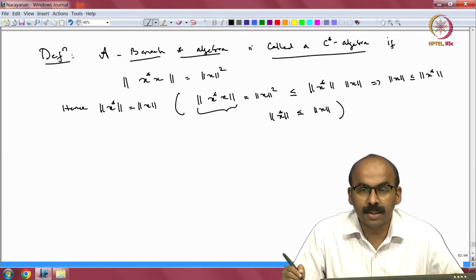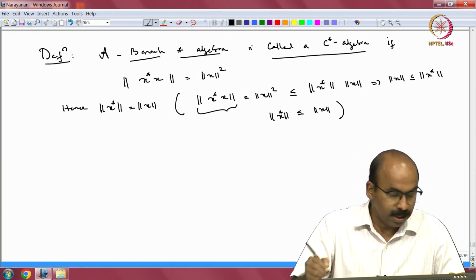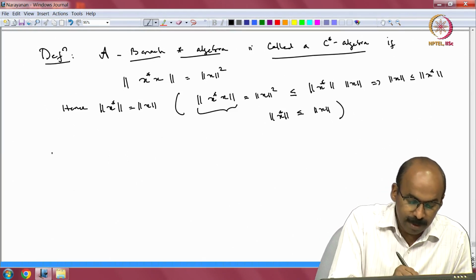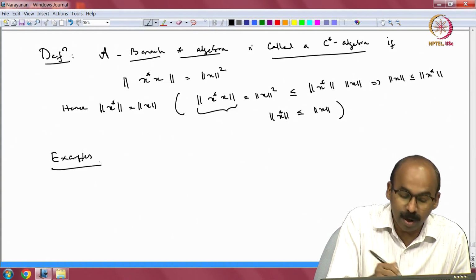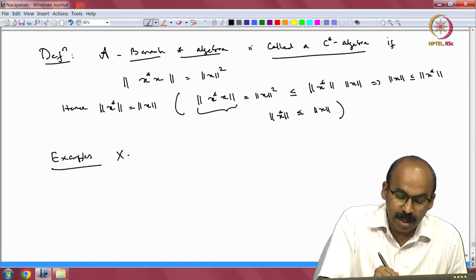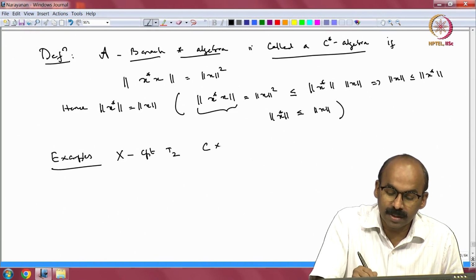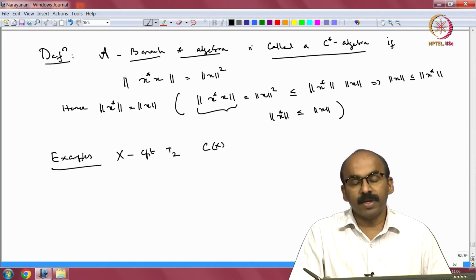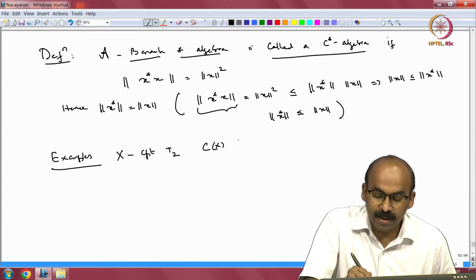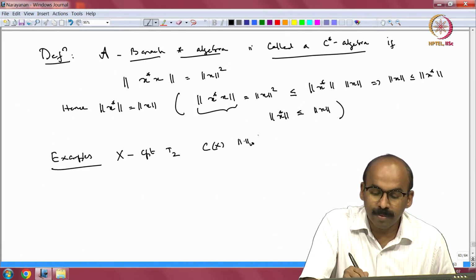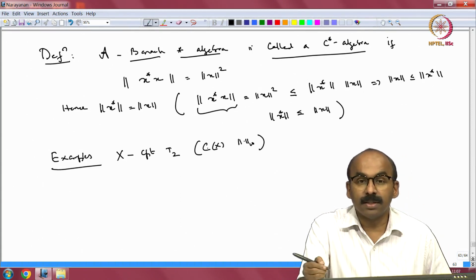Okay. So, a C star algebra is quite nice and there are two typical examples you can keep in mind. One is I take a compact Hausdorff space X and look at C of X. C of X we know is a Banach algebra with respect to the supremum norm, right. And what is the star operation?